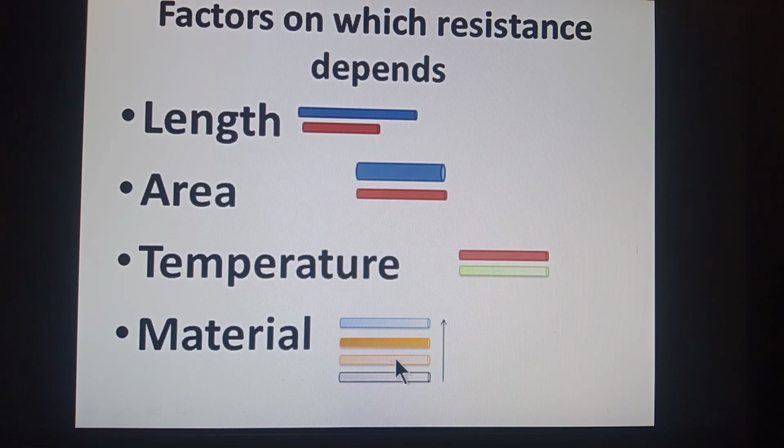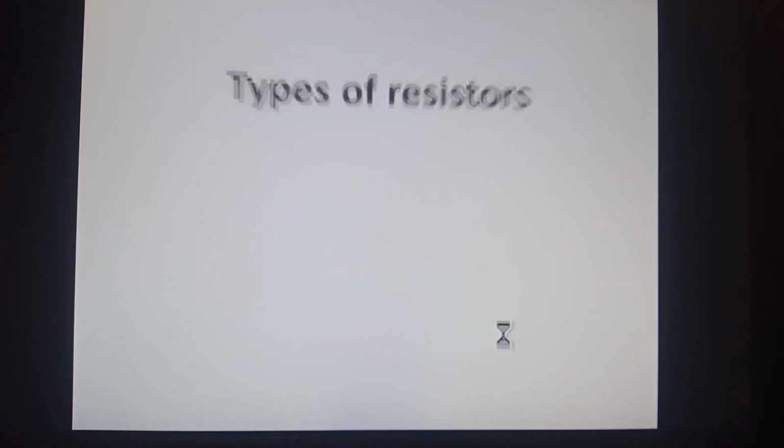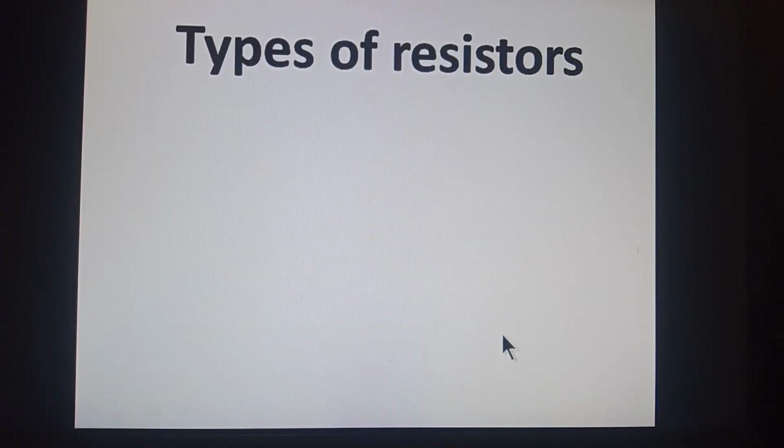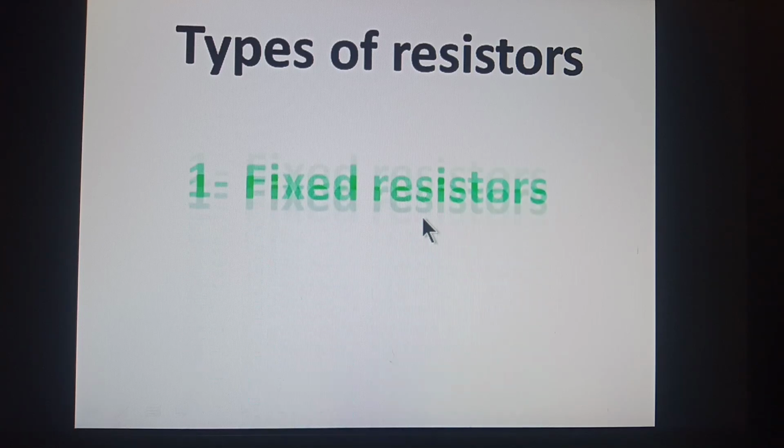Students, at high school level, it is enough to discuss the resistor and resistance. Types of resistor. Resistor is a substance, as I told you, that is used to offer a specific amount of resistance in a conductor. They are of two types.